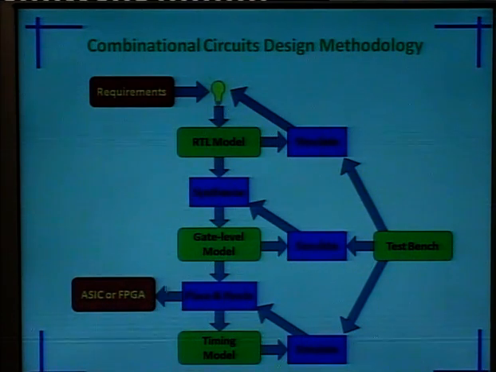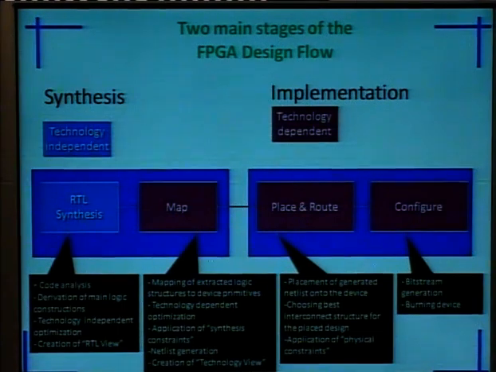So in this hierarchy you can see we started with the specification and step by step went from coding to synthesis to placement and routing, and then to our ASIC and FPGA. Next I will show you how the FPGA design flow is followed.